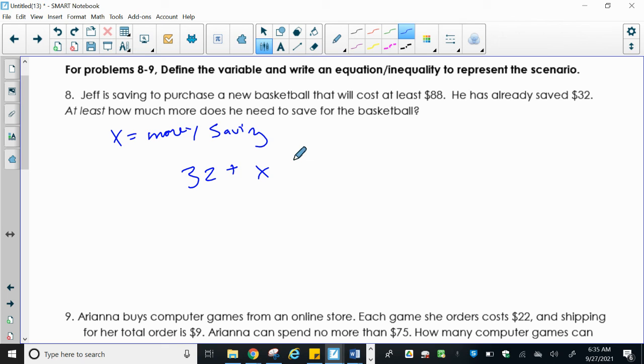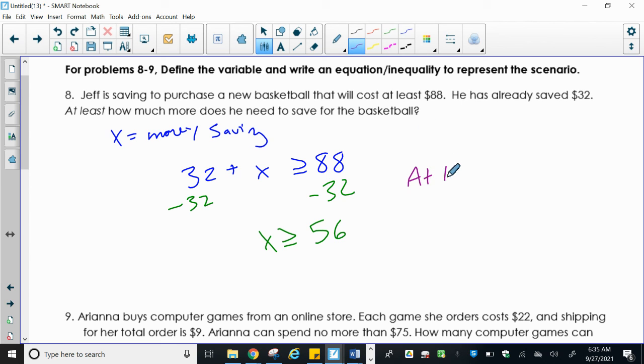We need that to be at least $88, so greater than or equal to 88. Minus 32 over, x needs to be at least 56. You need to save at least 56 more dollars.